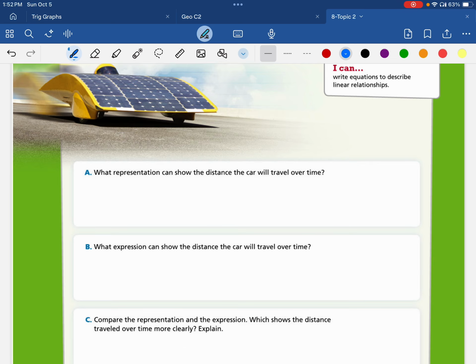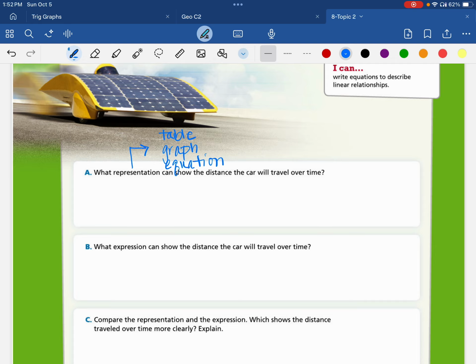Whenever we're talking about representations for these situations, you have one of three options. You could make a table, you could make a graph, or you can write an equation.